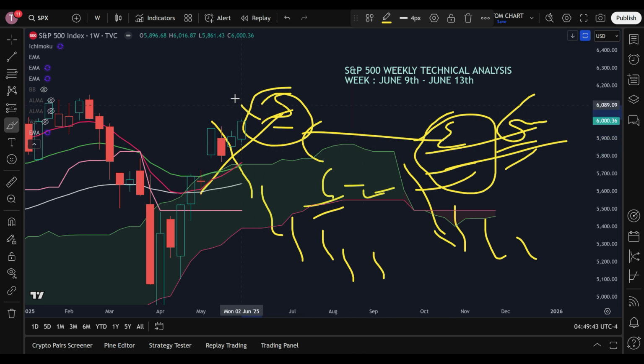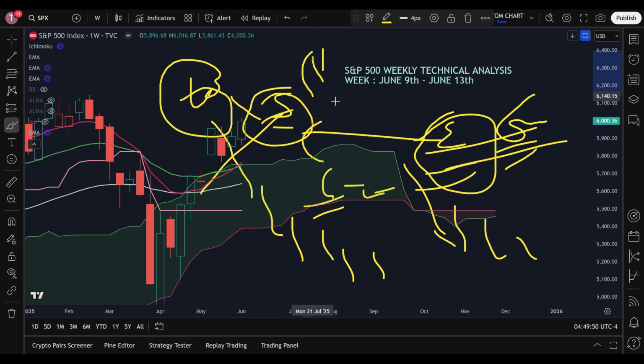That is why the stock market is now waiting for next Wednesday, around 17th or 18th of June, when the FOMC is scheduled and the SEP projections will be released.